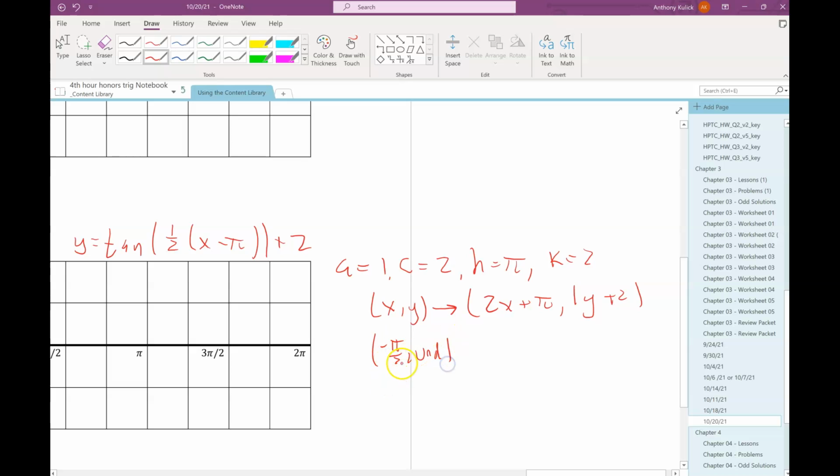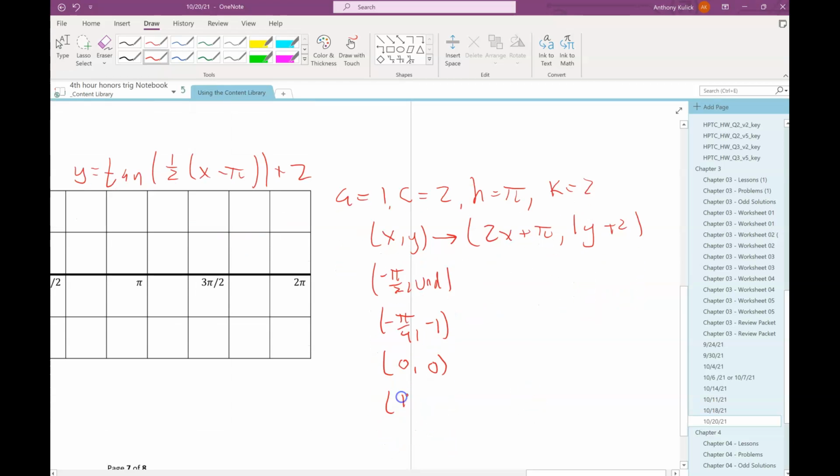Write down my key points. Plug in my x's, so that's going to be 0, undefined.